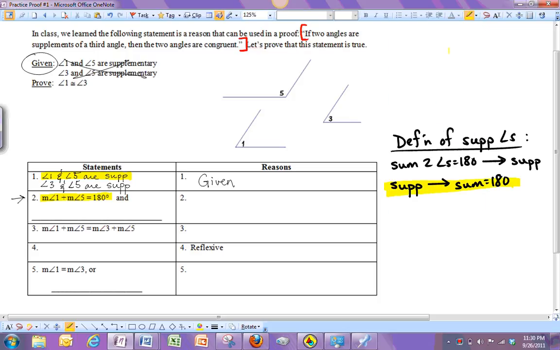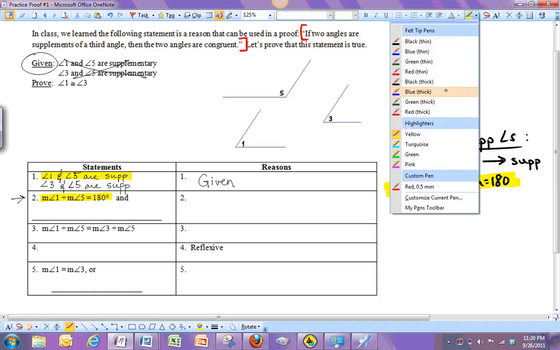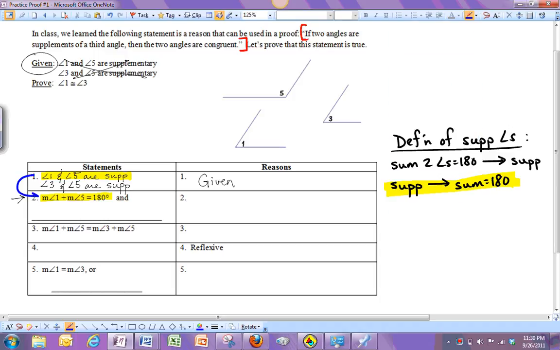I already have my supplementary angles in step 1, so I can say that the sum has to be 180. So I can now say that these are linked, right? This one leads to this one because that's the definition of supplementary angles.